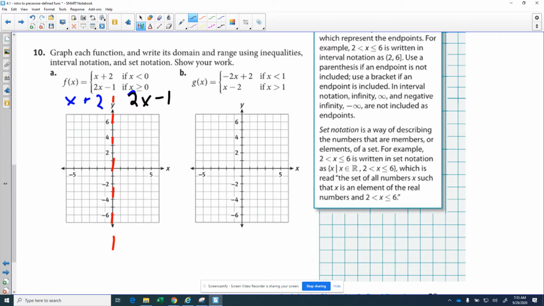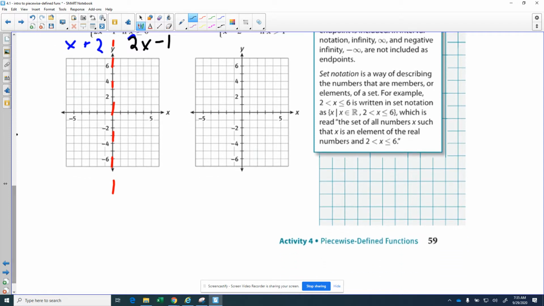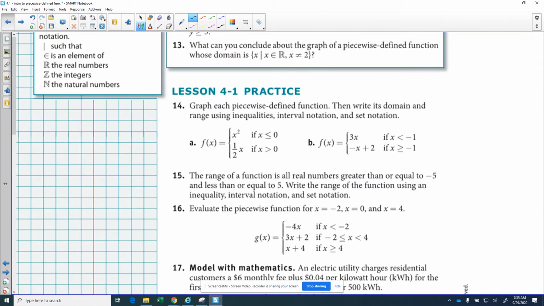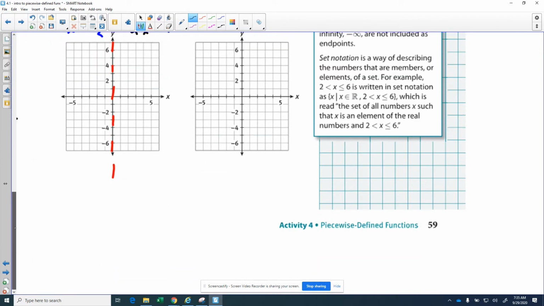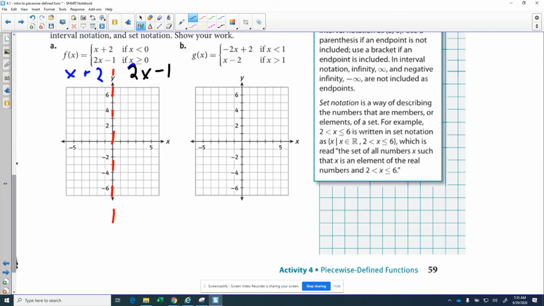Now that I know this information, let's use the values given to us. Each one is definitely going to start at 0, since 0 is the fenced-in point. So I'm going to build two different charts. I'm going to build the first chart, x, y, and start it at 0.